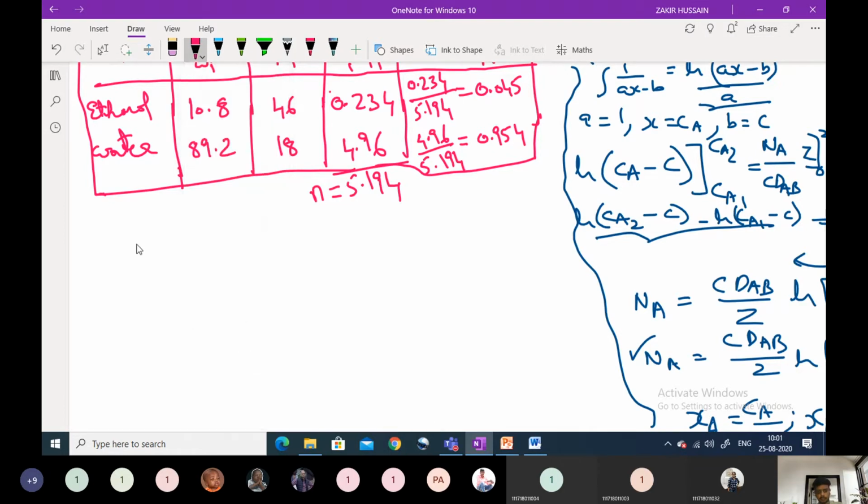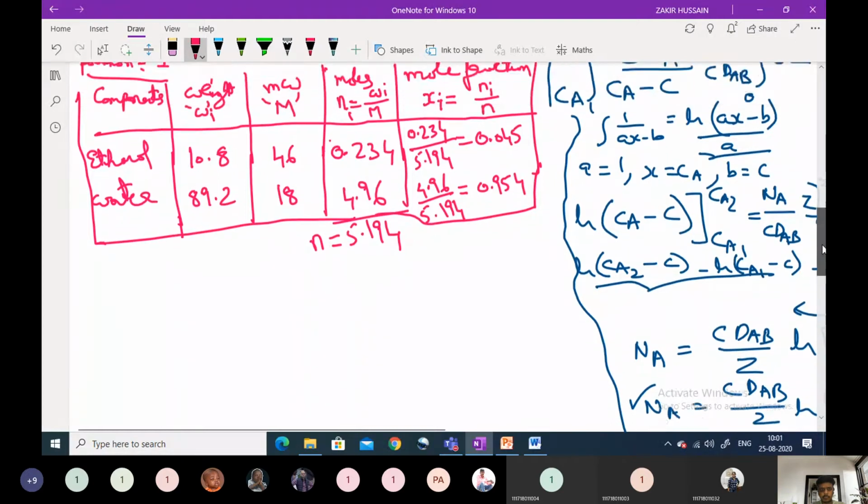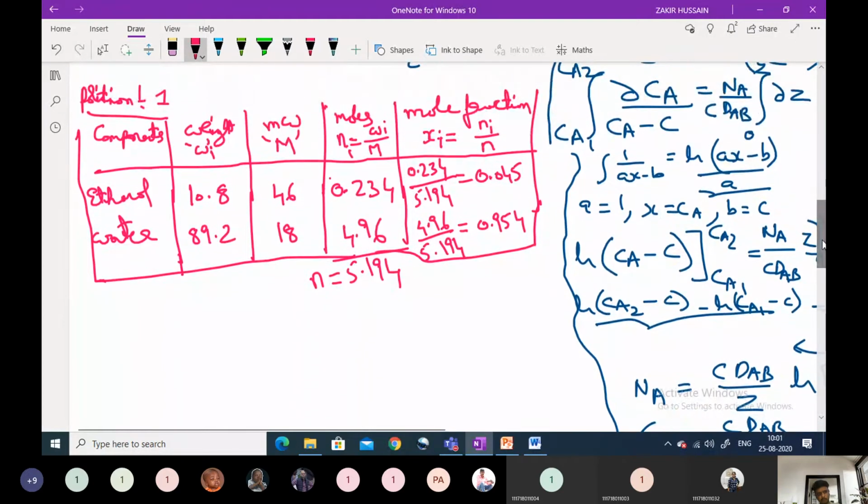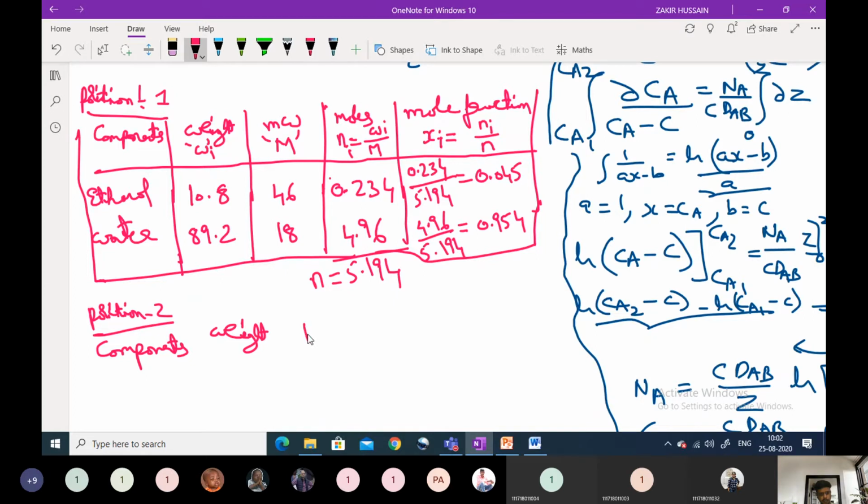Okay, similar operations we have to perform at position 2. At position 2, we have to draw the same table once again. The first column is components, what are the components involved. The next one is weight, the next one is molecular weight.